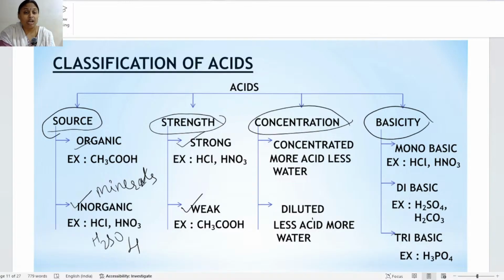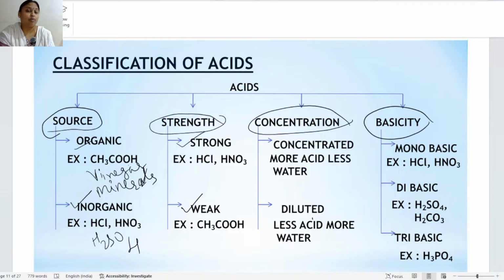But when it comes to organic acids, what is the meaning of organic? These occur from natural resources. For example, acetic acid, whose common name is vinegar. Also citric acid from lemon, oxalic acid from tomato juice, and lactic acid from milk, curd. All these come from natural resources, so they are known as organic acids.